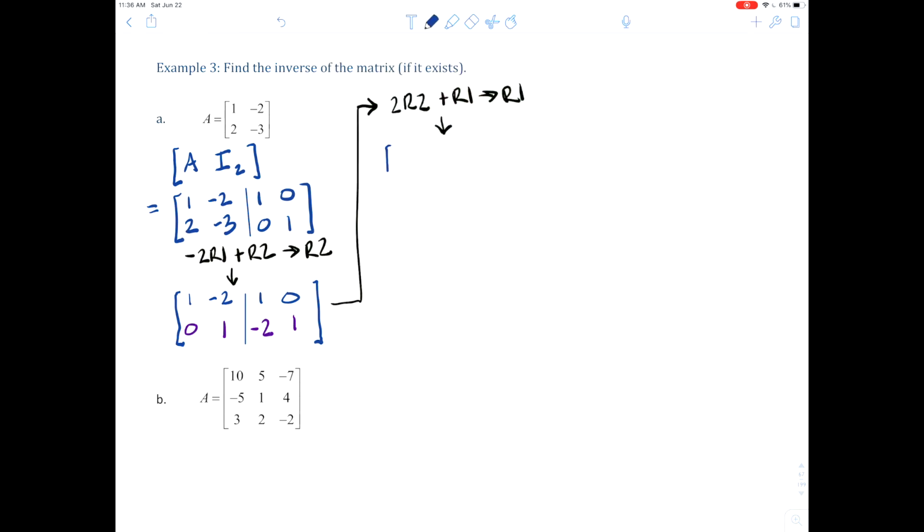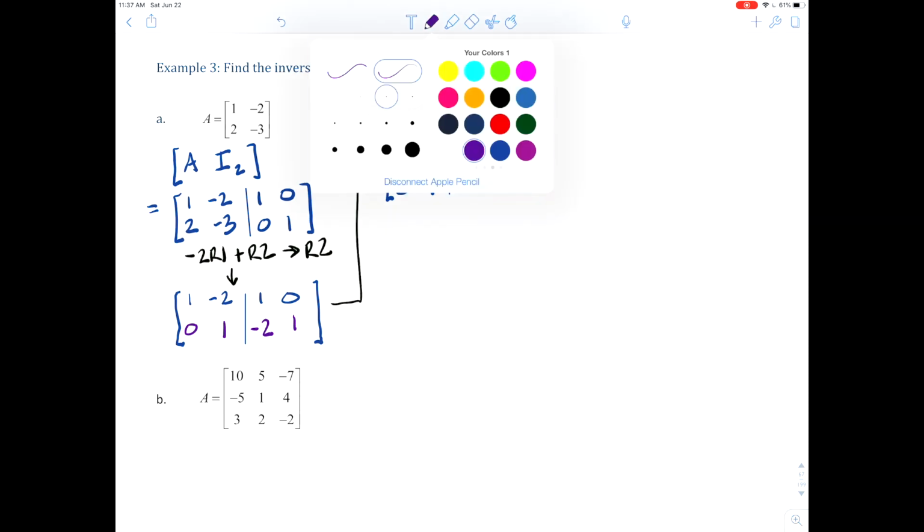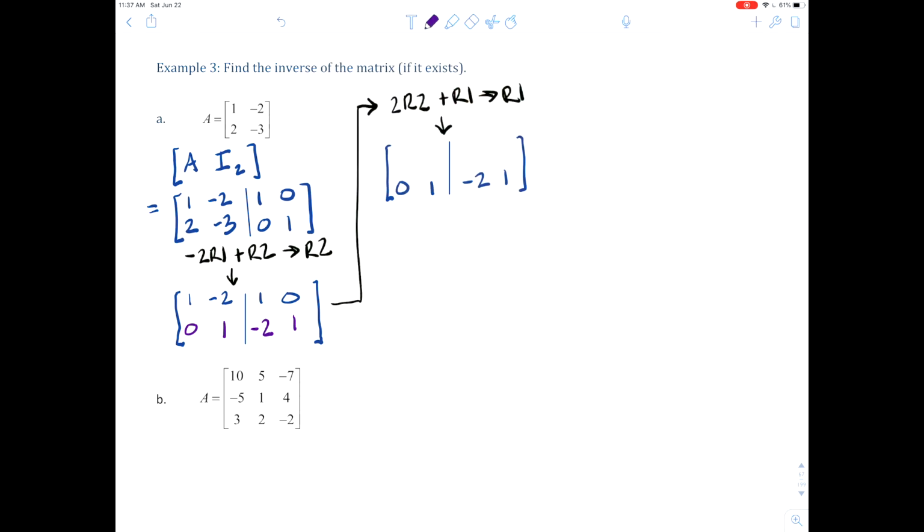So we will have our row 2 remains unchanged. And then our new row 1 will be 1. And then we'll have a 0 here.